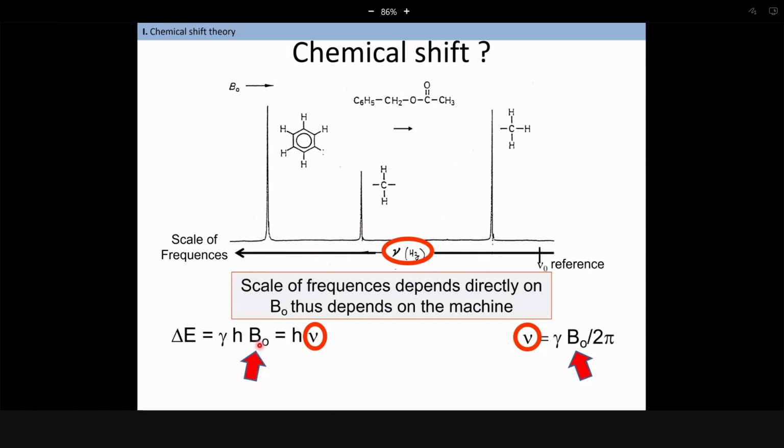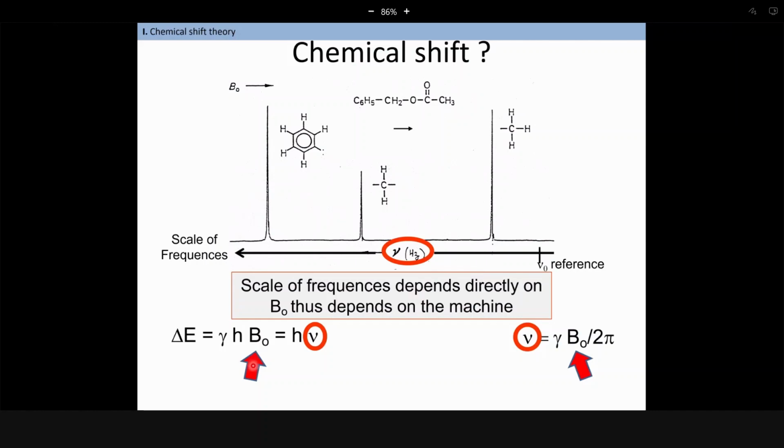And if you do the analysis in Vietnam on one machine with B0 of 100 megahertz, and me here in Lyon, I will do the same analysis, but on another machine with 200 megahertz or 100 megahertz.